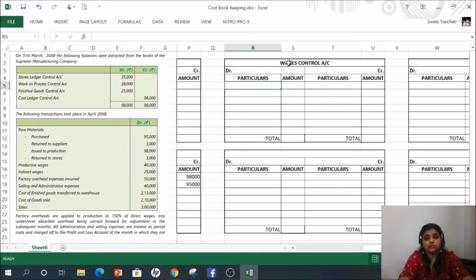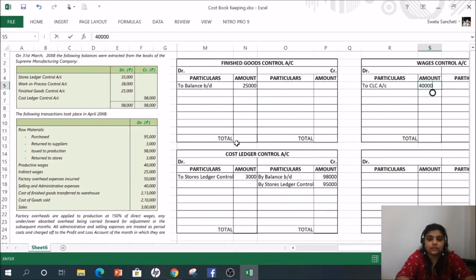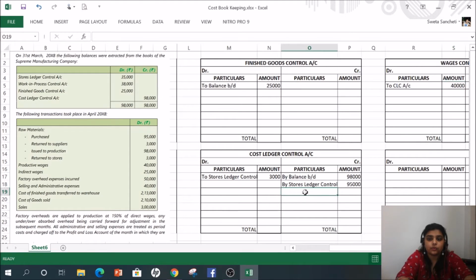So our entry becomes wages control account to cash. Instead of cash, it will be CLC. So to CLC account 40,000, and in my cost ledger it would be by wages control account, that would be 40,000.